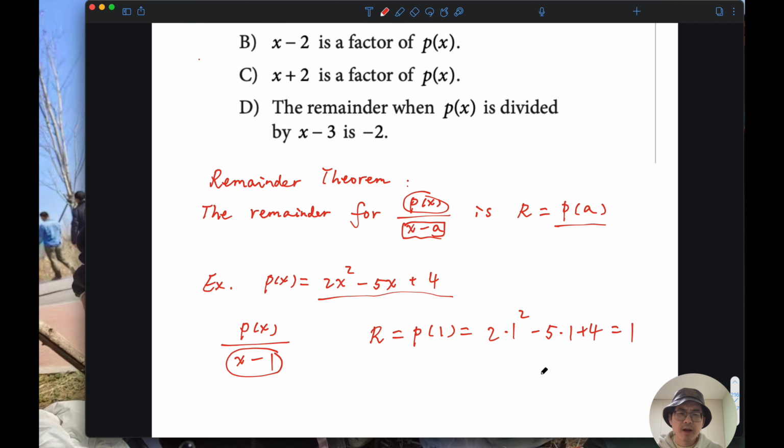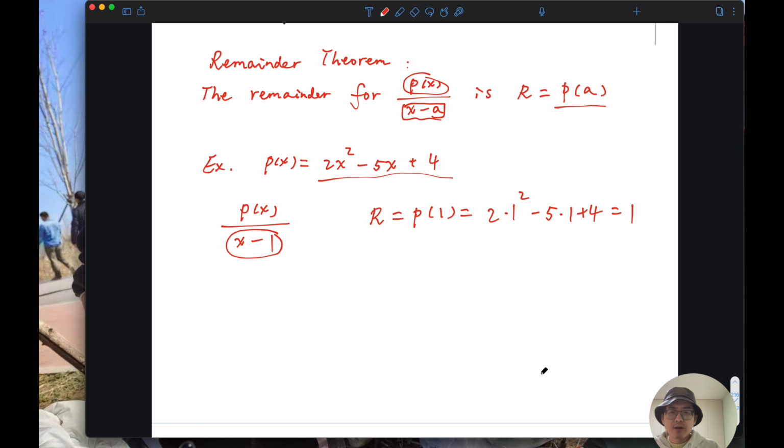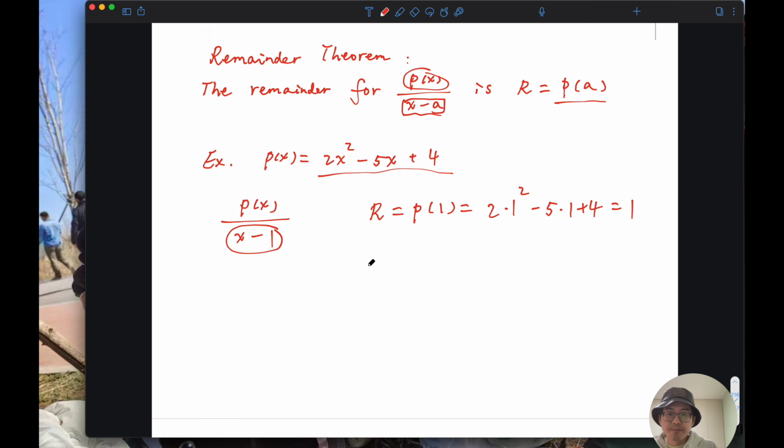Some of you might wonder, is this really true? I guess most of you know long division, right? So we can use long division to test this. For example, 2x squared minus 5x plus 4 is divided by x minus 1. First of all, we multiply x minus 1 by 2x, so we get 2x squared minus 2x.